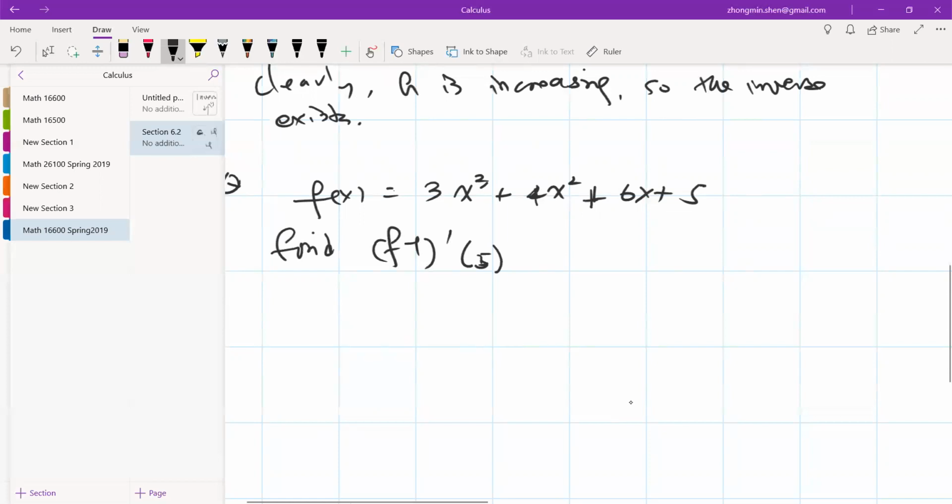How to do this problem? You cannot find the formula for the inverse function, so what you have to do is use a formula.